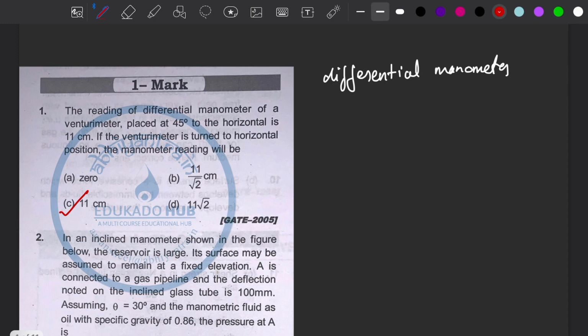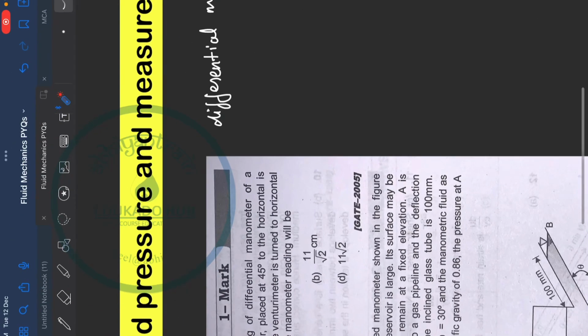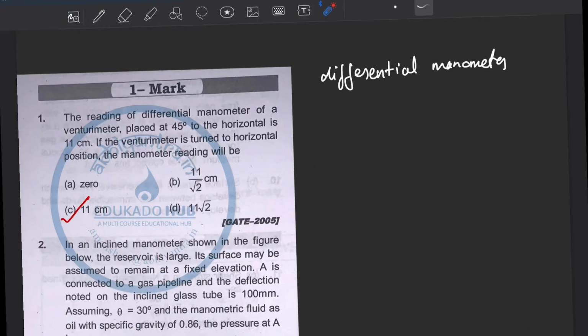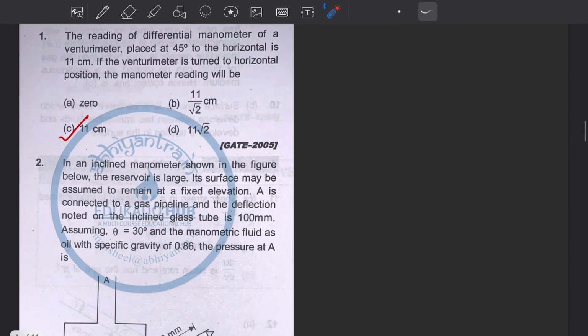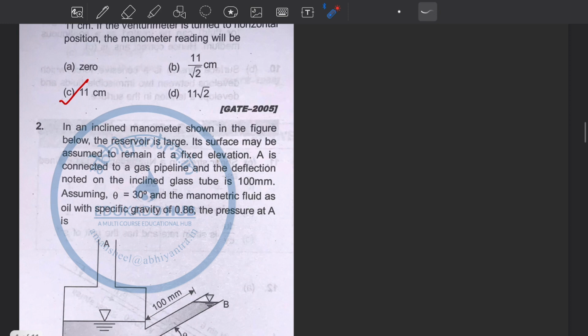in an inclined manometer shown in the figure below, the reservoir is large. Its surface may be assumed to remain at a fixed elevation. A is connected to the gas pipeline, and the deflection noted on the inclined glass tube is 100 mm.